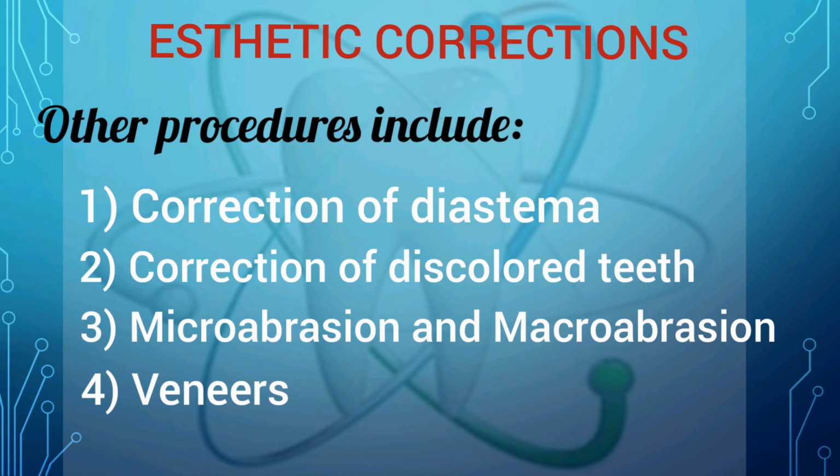Conservative aesthetic procedures help the dentist restore a wide range of aesthetic challenges ranging from surface malformations to discolorations of varying complexities. The inherent advantages and limitations of each of these procedures, like the correction of diastemas, bleaching treatments, microabrasion and macroabrasion to veneers, are to be taken into consideration in order to realize their optimal clinical performance.